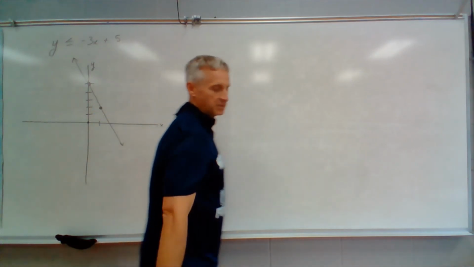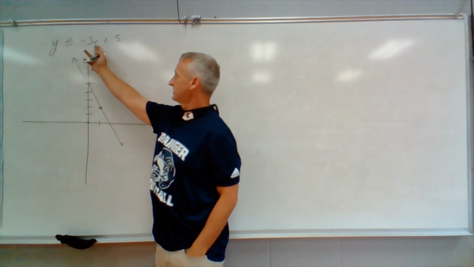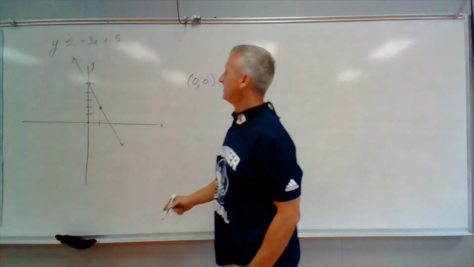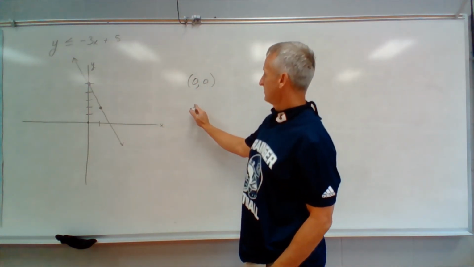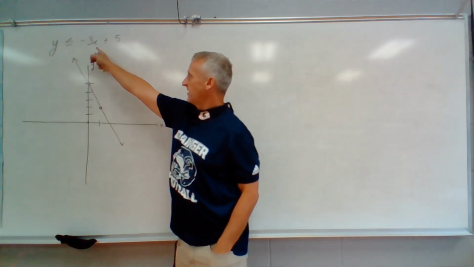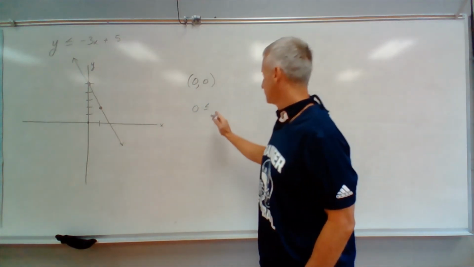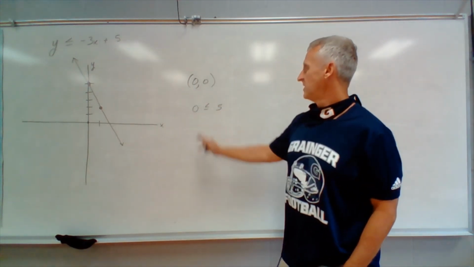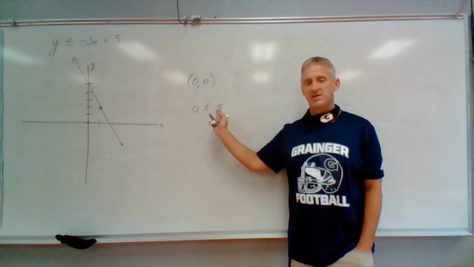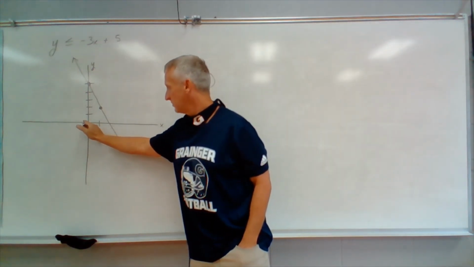If I put in 0 for x and 0 for y, negative 3 times 0 is 0, 0 plus 5 is 5. Is 0 really less than or equal to 5? It is. So this point is a solution to that inequality.